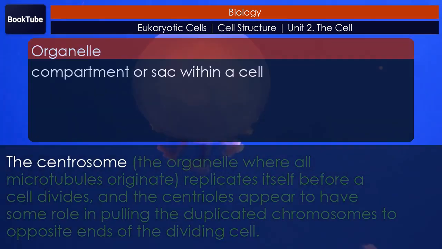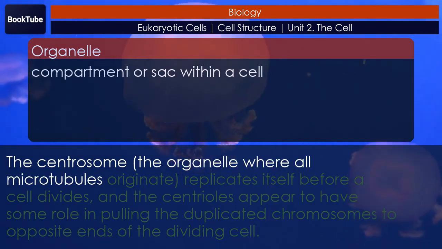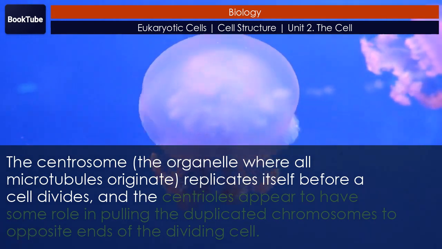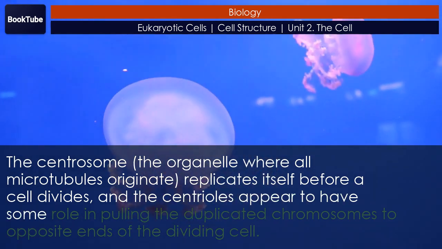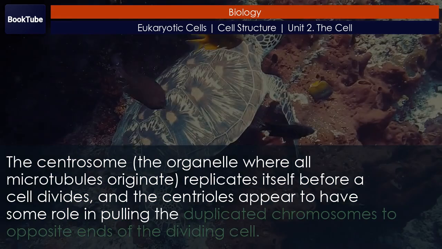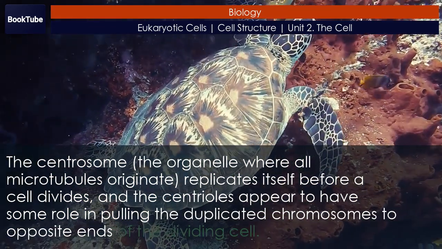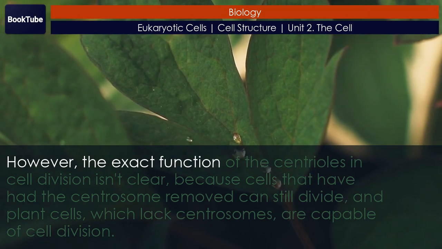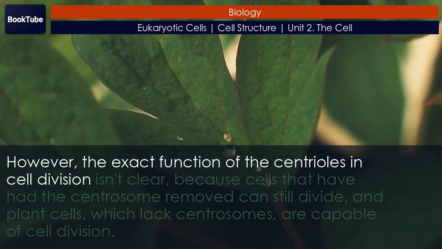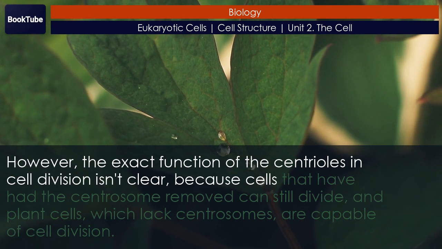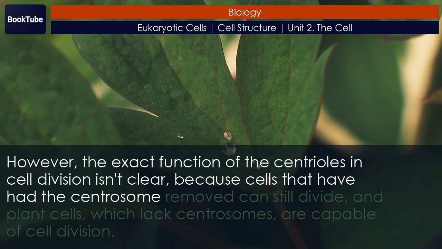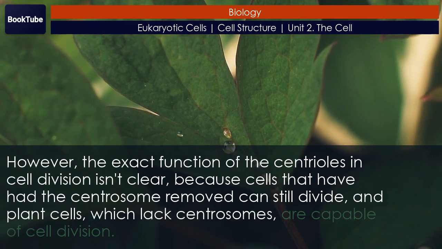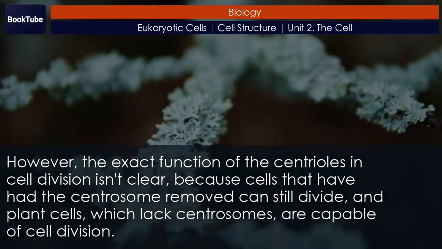The centrosome, the organelle where all microtubules originate, replicates itself before a cell divides, and the centrioles appear to have some role in pulling the duplicated chromosomes to opposite ends of the dividing cell. However, the exact function of the centrioles in cell division isn't clear, because cells that have had the centrosome removed can still divide, and plant cells, which lack centrosomes, are capable of cell division.